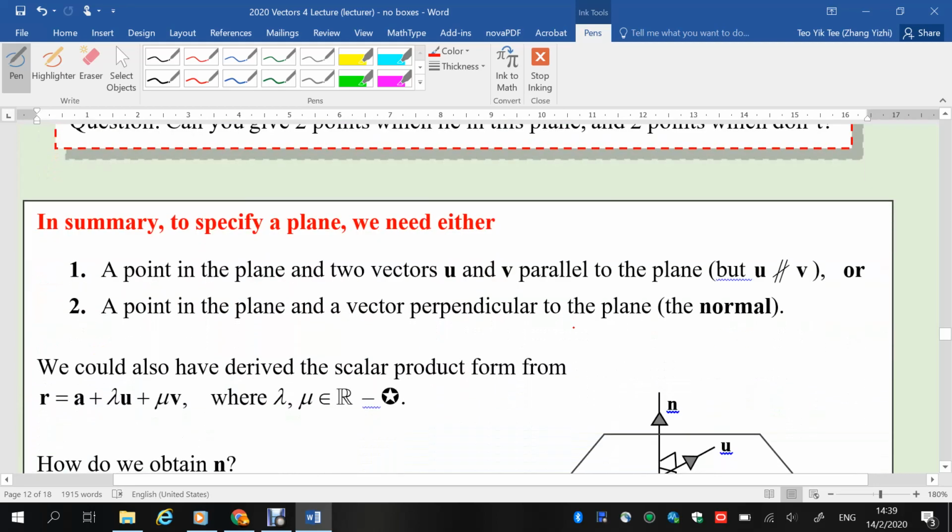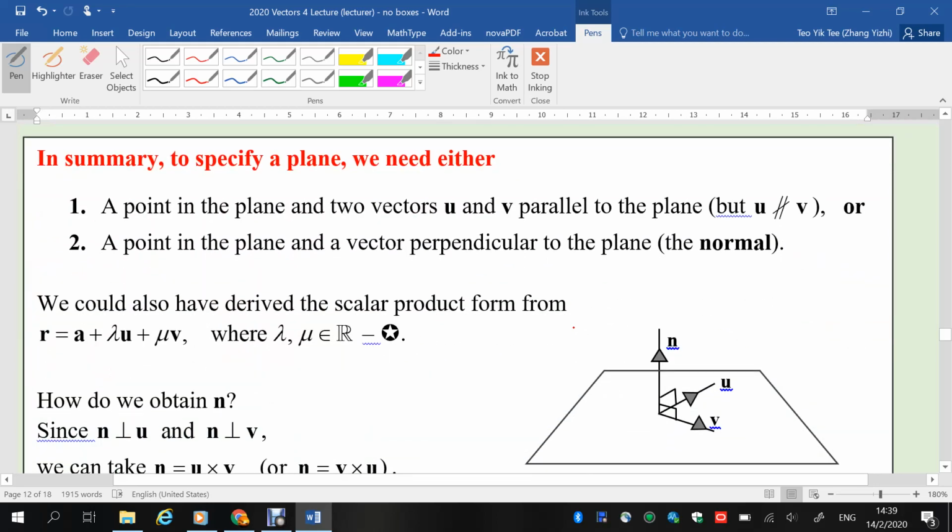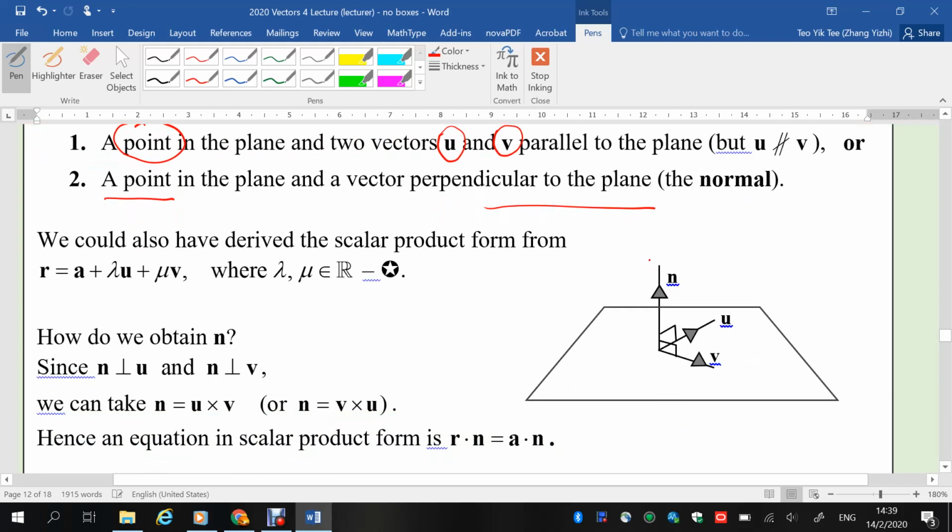So in summary, to specify an equation of the plane, I will usually need a point on the plane and 2 other vectors that are parallel to the plane. Alternatively, I can also need a point on the plane followed by a vector that's perpendicular to the plane, which we call the normal.